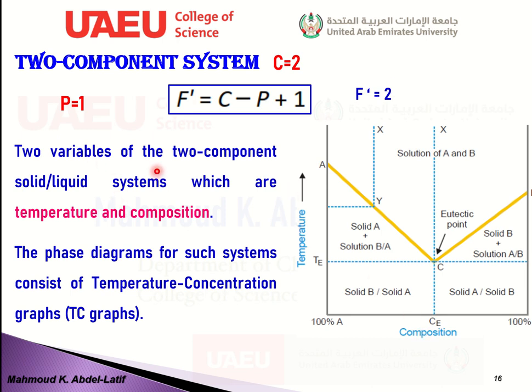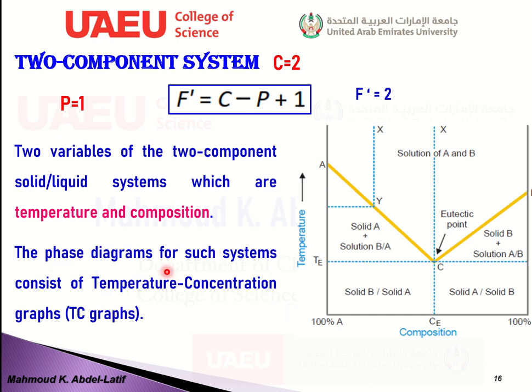So the 2 variables of the two component solid-liquid system are temperature and composition. And for the composition here we use mole fraction. I'm going to show you how you calculate the mole fraction. We have already discussed it before in the previous experiments.